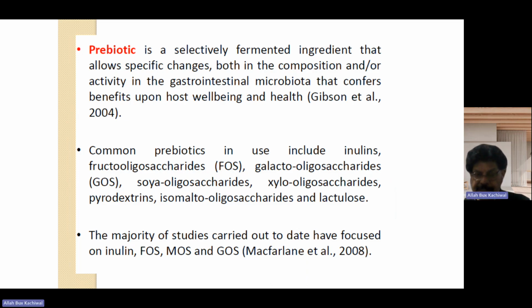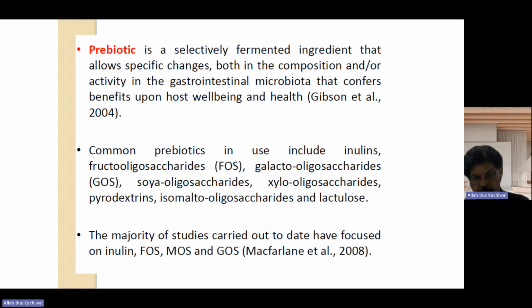The prebiotic is a selectively fermented ingredient that allows specific changes both in the composition and activity in the gastrointestinal microbiota that confers benefits upon the host well-being and health, as stated by Gibson in 2004.